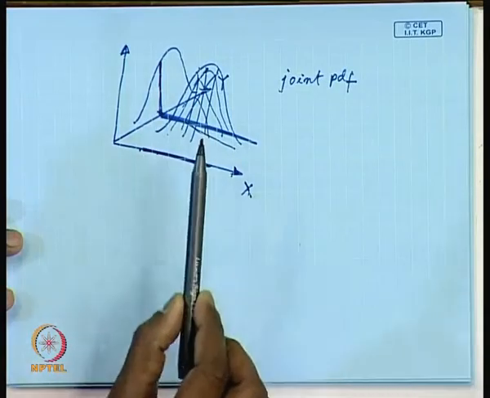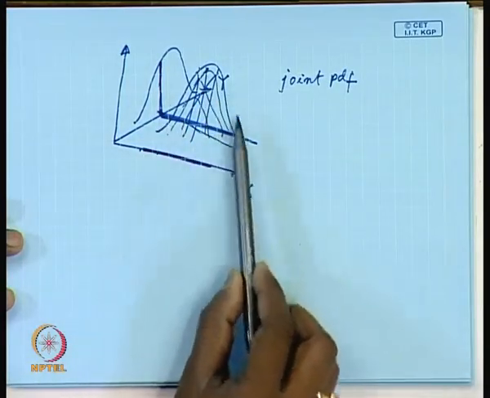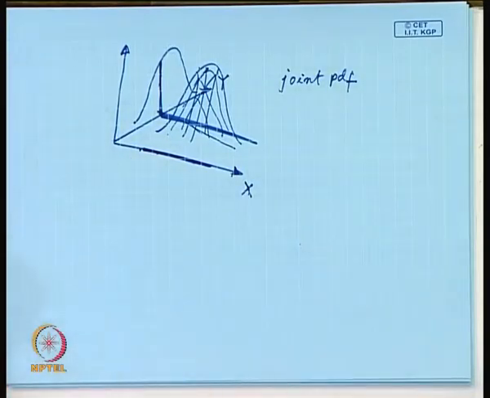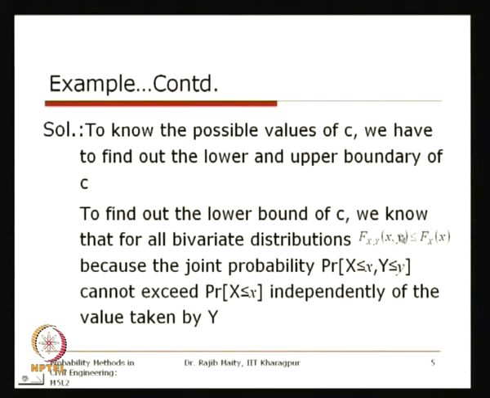What is important now is that the marginal is obviously greater than the joint PDF. That is the property being used here: the joint PDF for any x and y should be less than or equal to its marginal.